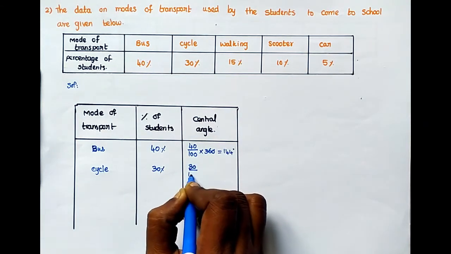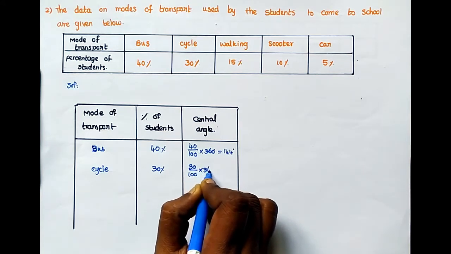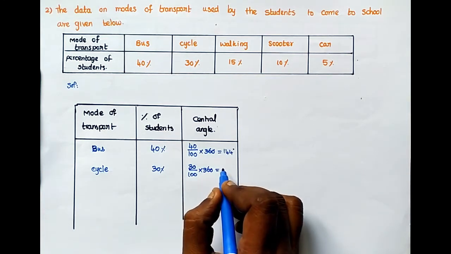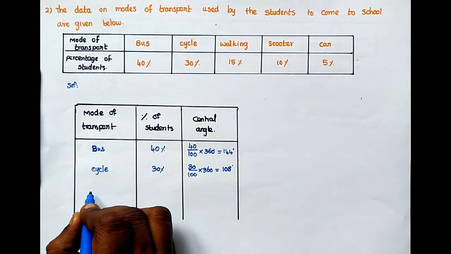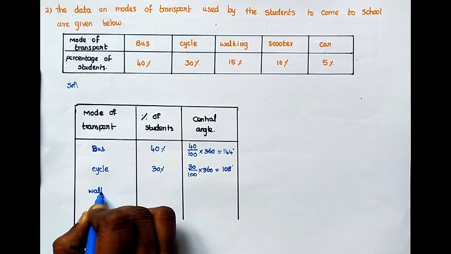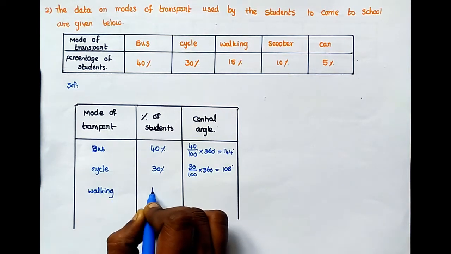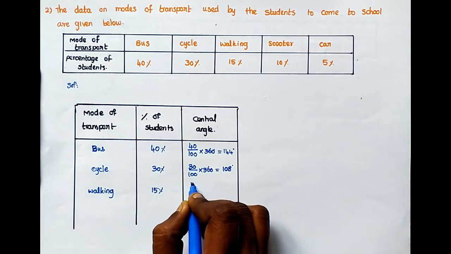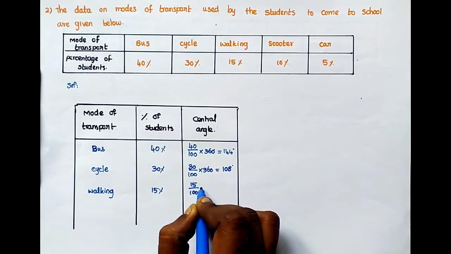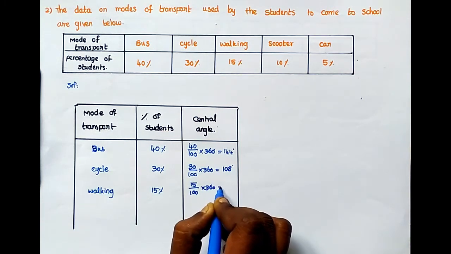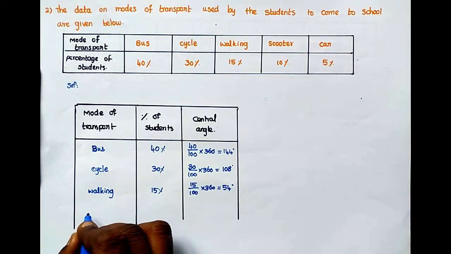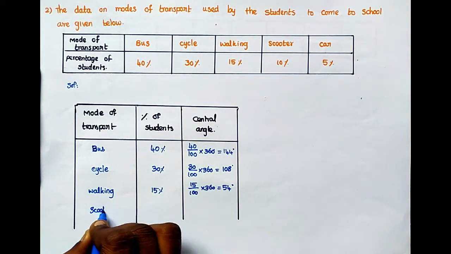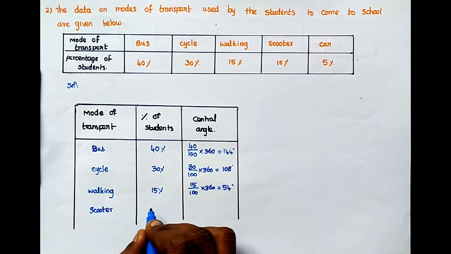30 by 100 into 360 equal to 108 degree. Next one, walking, that is 15%. So 15 by 100 into 360 means we get 54 degree. Next one, scooter, that is how much? 10%.